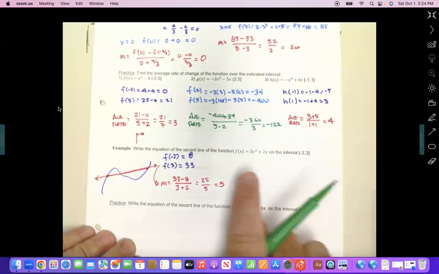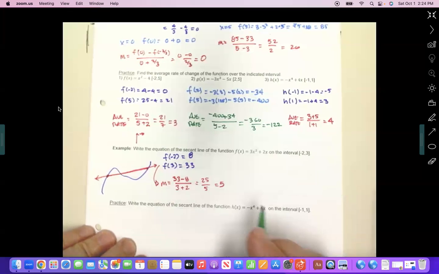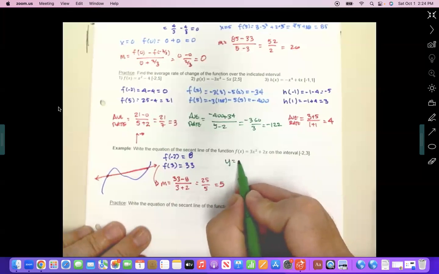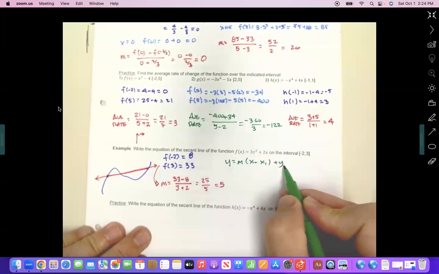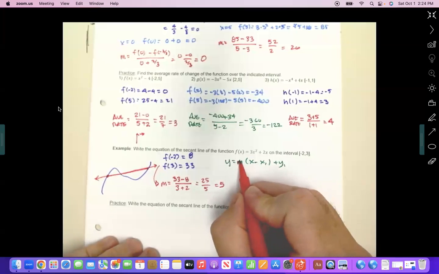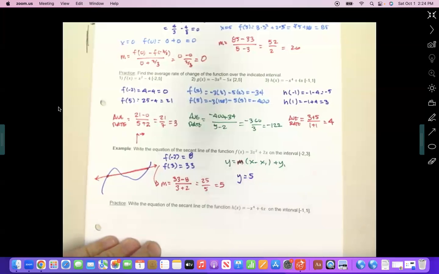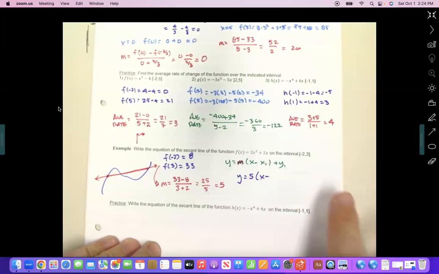Since we're given some x values here and we've calculated the y values, we can easily use our y equals m times the quantity of x minus x1, plus y1, our function form, to write this equation. First of all, our slope we know is 5. y equals 5 times x minus our x1.